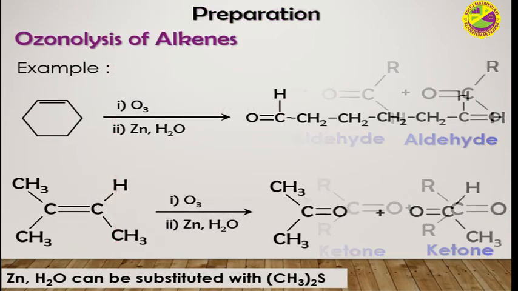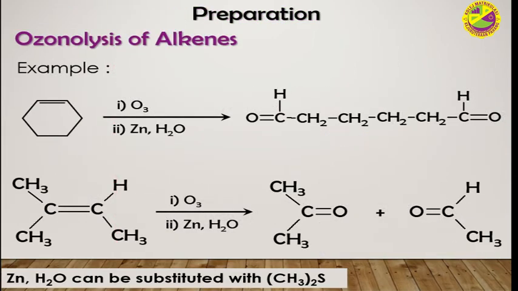The next example, we have a cyclohexene. If this cyclohexene undergoes ozonolysis, we can split the carbon-carbon double bond, and the cyclohexene will lose its cyclic shape.